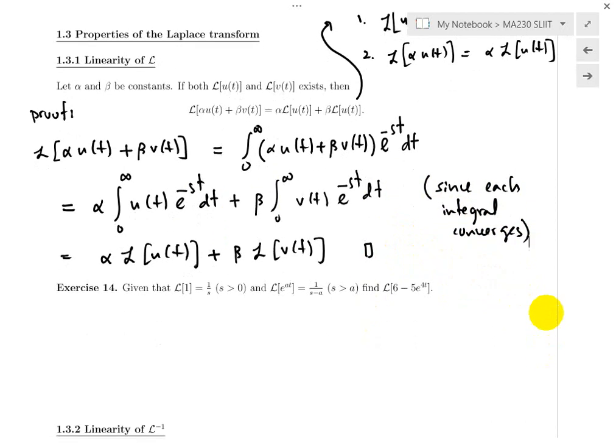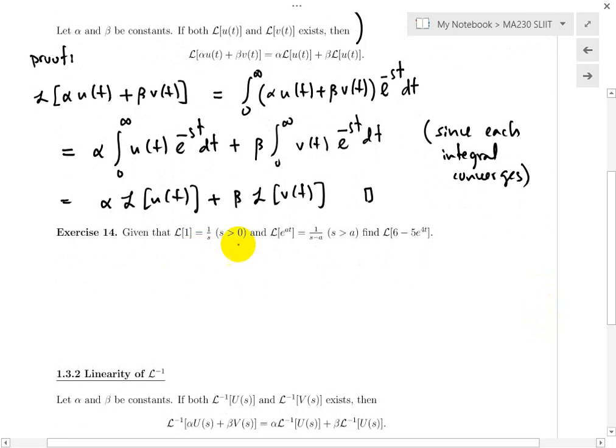Now straight away we have an application. So the Laplace transform of 1, I think we found last time, and we better remember. So we are recalling that, and the Laplace transform of exponential e to the at is 1 over s minus a.